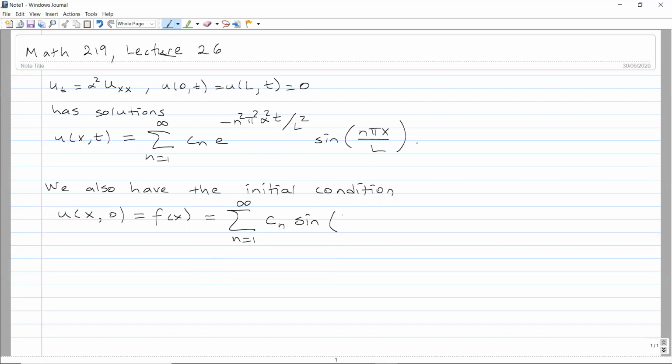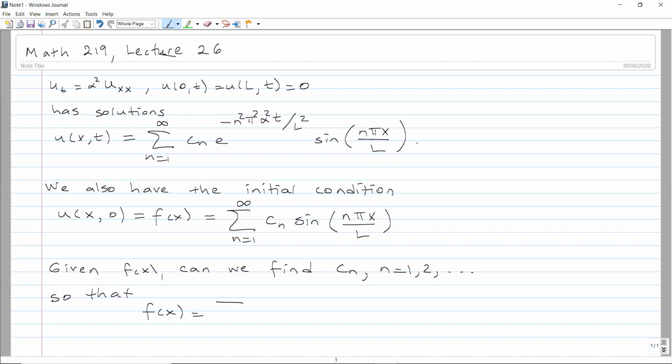We have sine of n pi x over L. So then given this function f of x, can we find the constants Cn, infinitely many, so that our function is equal to this infinite sum?